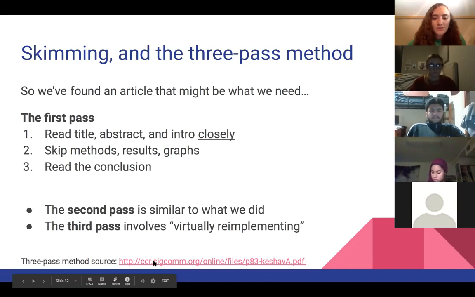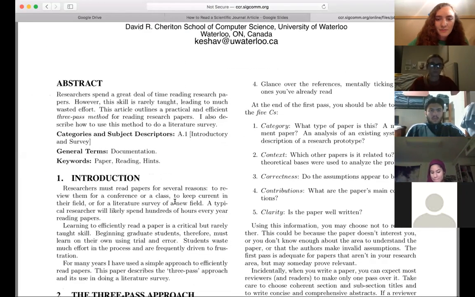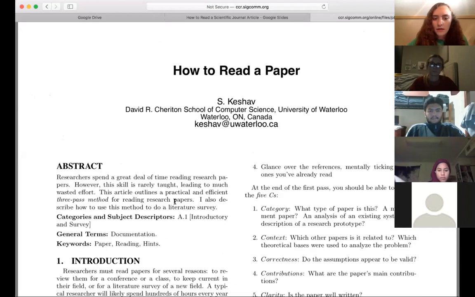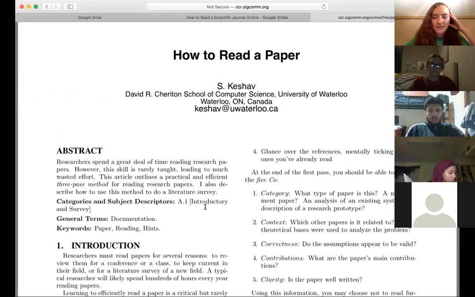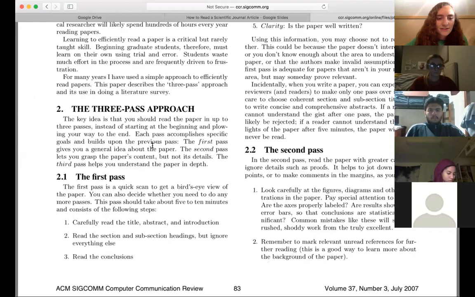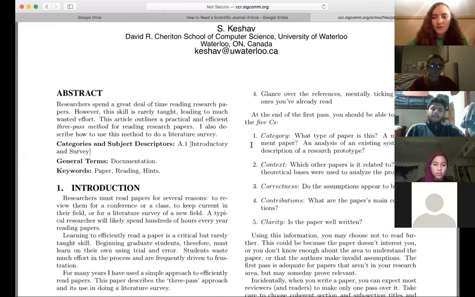Does this share when I go like that? Share. This is where I got this from, and it breaks it down even more if you're really interested. I can send you a link to this paper if you email me. Basically, in the 3-step approach, the questions you want to have in your mind when reading are: what type of paper is this?